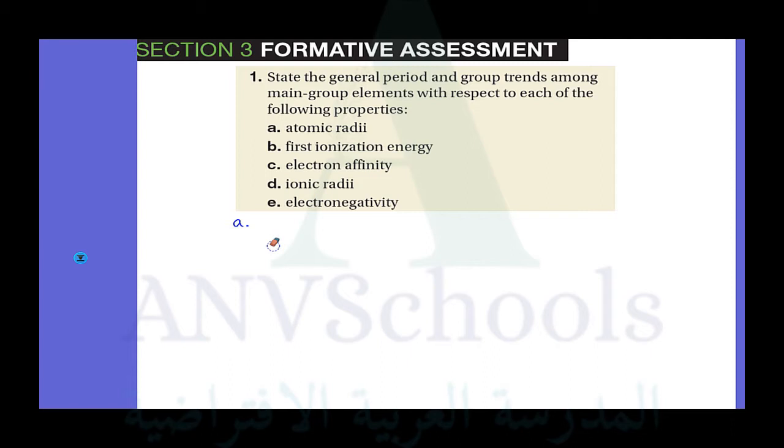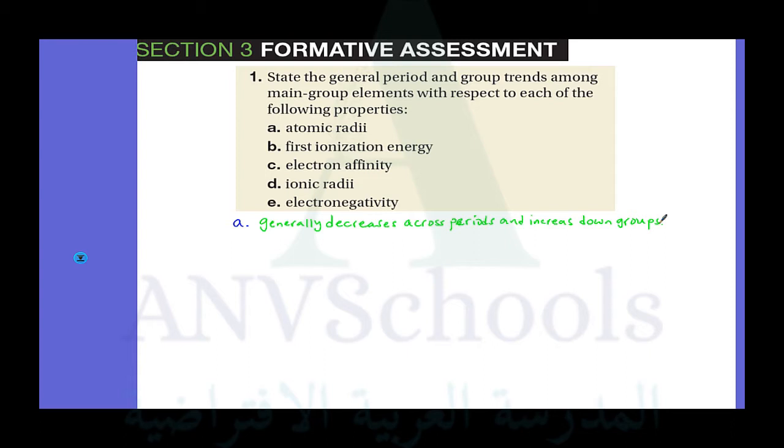For question number 1, atomic radius generally decreases across periods and increases down groups.